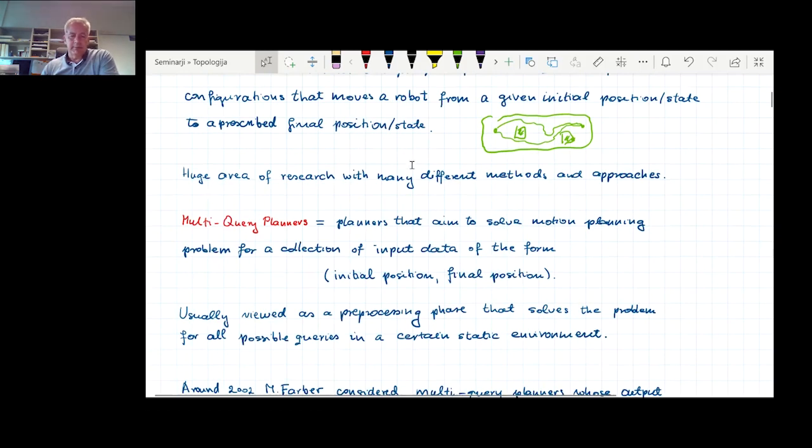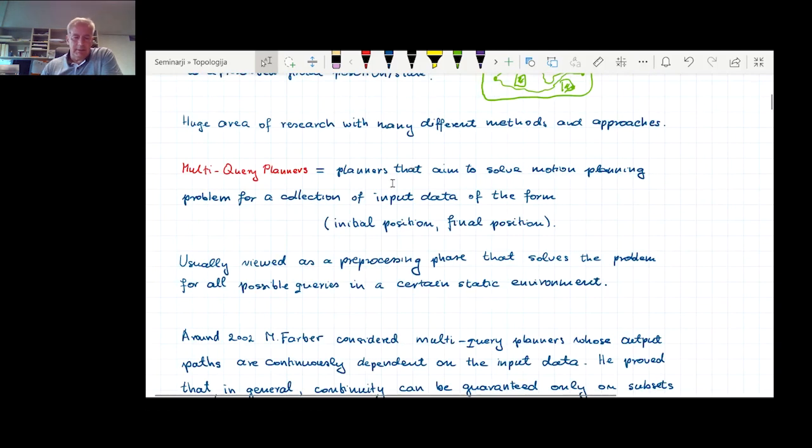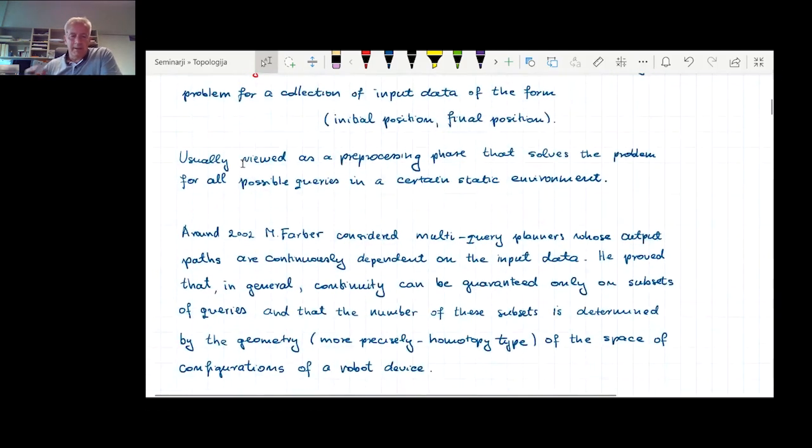So around 20 years ago, maybe a bit more, Michael Farber started to consider such planners and add an additional requirement that the output paths, given an initial and a final point, are continuously dependent on this input data, so the initial and the final point.